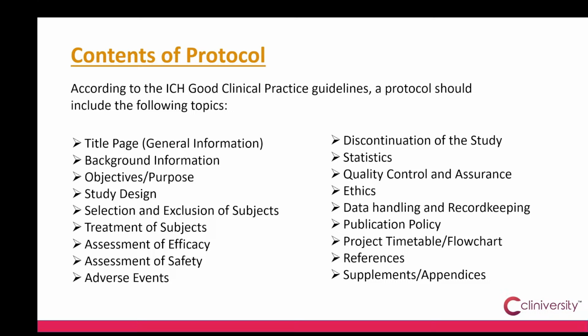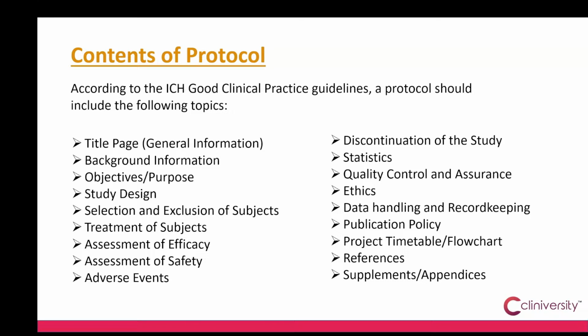And if a subject does not want to continue in a clinical trial, what are the processes and procedures for the discontinuation of the study? And the statistics: what is the sample size, how many have to receive treatment A, treatment B, C, and how we are going to calculate this, and how adverse events and the drug are related or not related, how we are going to do this, all the statistics of the study. Quality control and quality assurance.